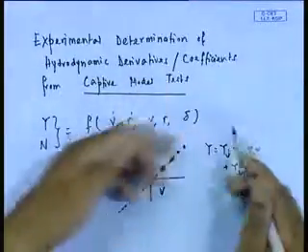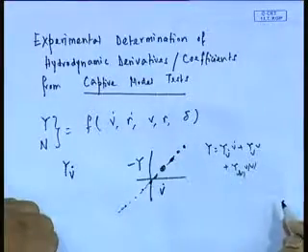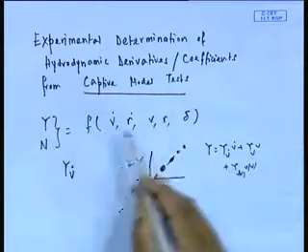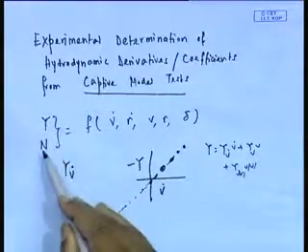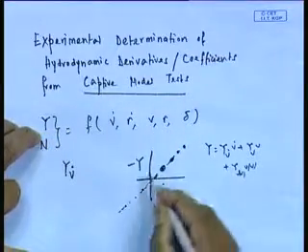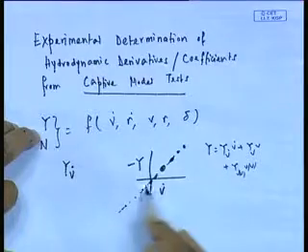What I measure will come from all three, or if there is r also, all the complication will come. This is an important point, you must understand: if I want to measure Y or N against one derivative, I am looking at the variation of that against that motion only.